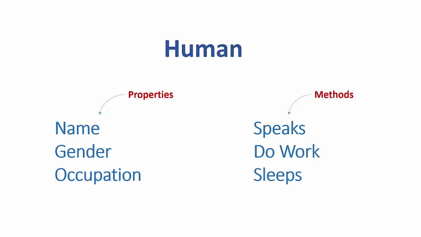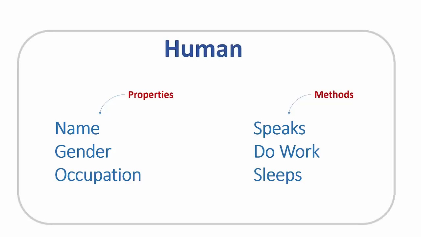Thus, properties and methods form a central entity called a class. So here human is a class which has two central components, properties and methods. So a class is nothing but an abstraction of some entity which contains a common set of properties and methods.